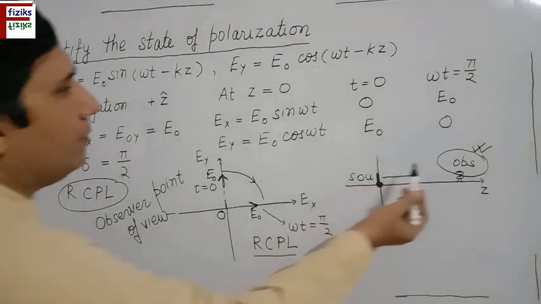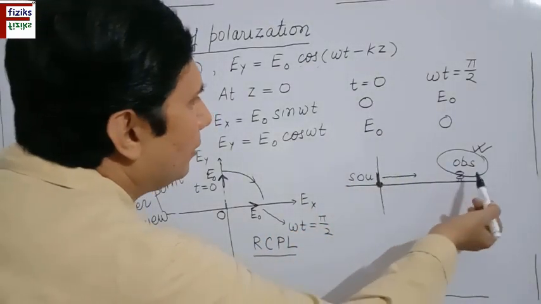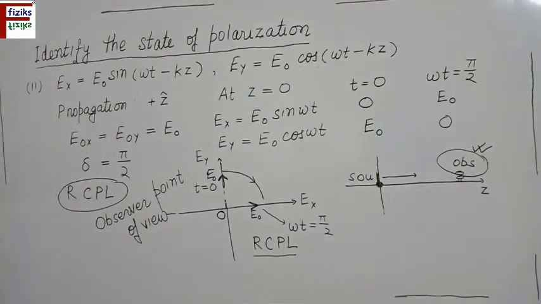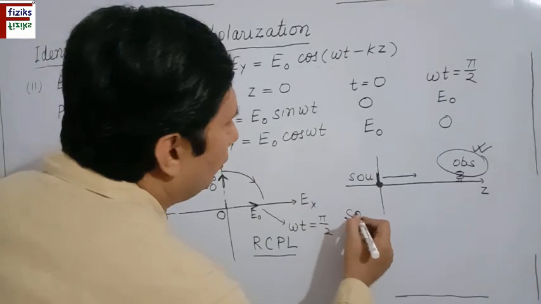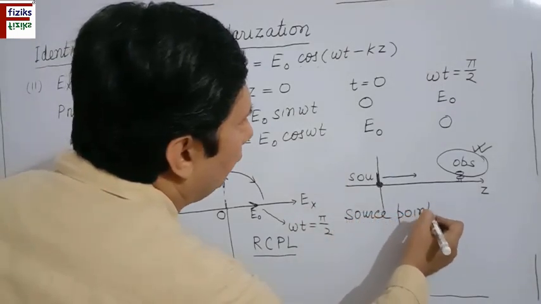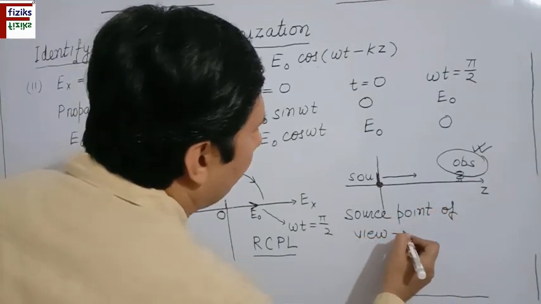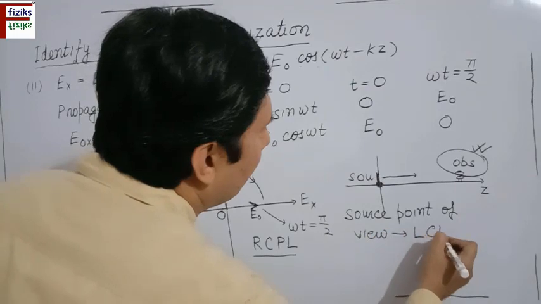If the observer here is observing that the light coming towards this observer is right circularly polarized light, then from the source point of view, this light will be left circularly polarized light.